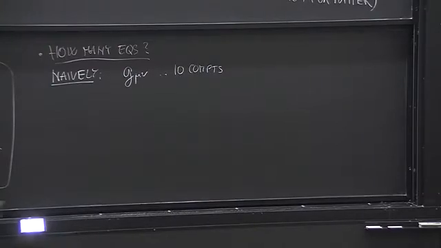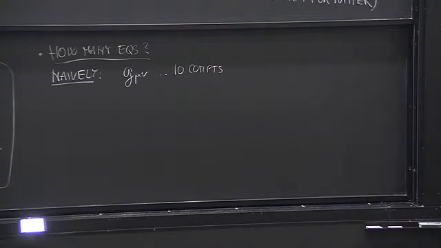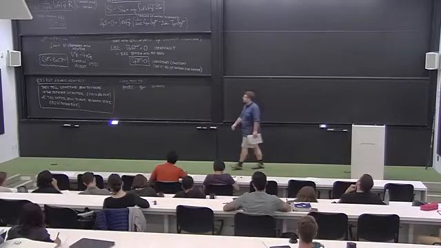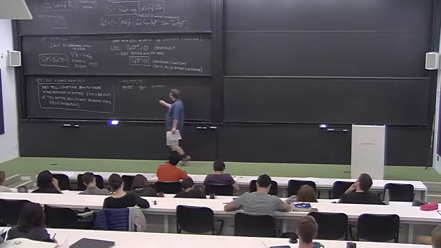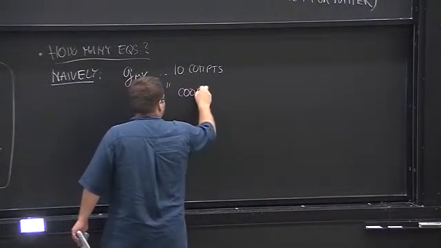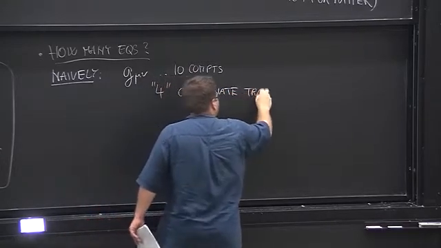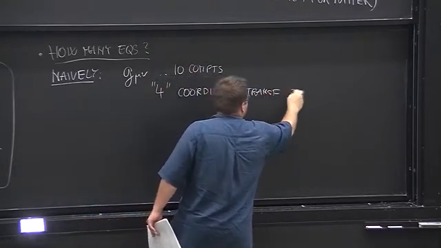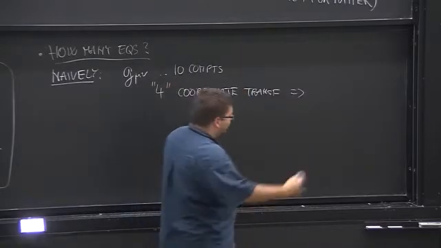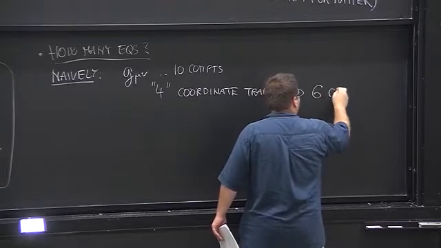But you remember that actually you have this diffeomorphism invariance. So you can always perform some coordinate transformation. And we have 4 coordinate transformations. So this is one way to count: really only 6 components matter.